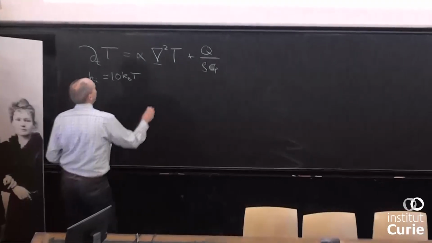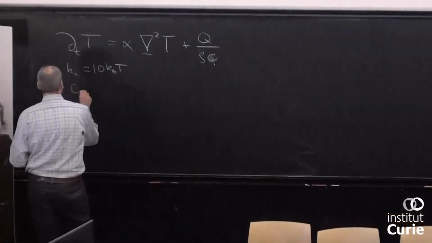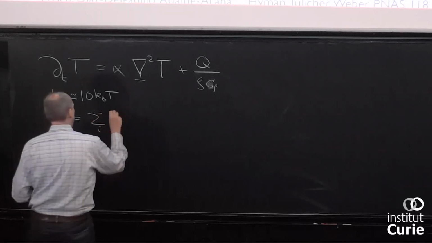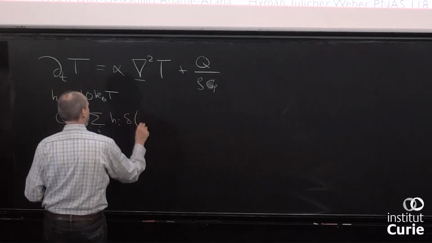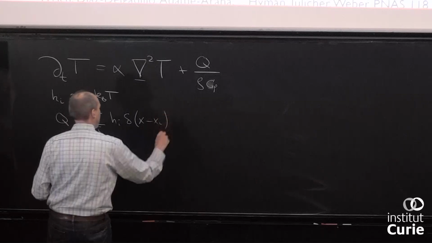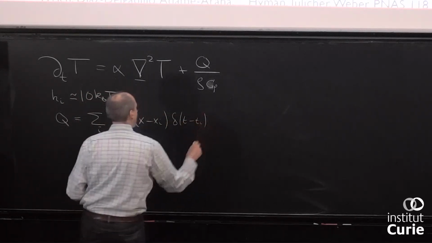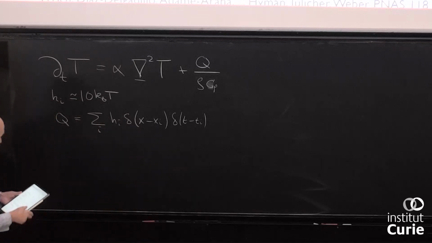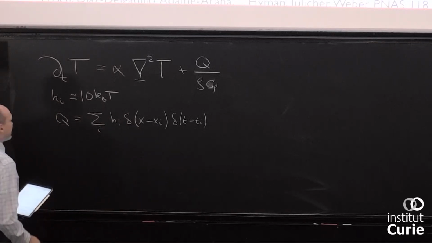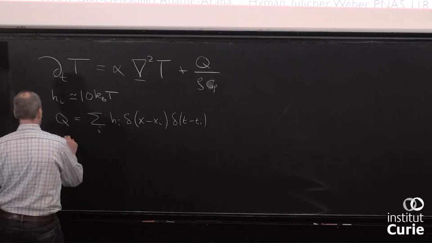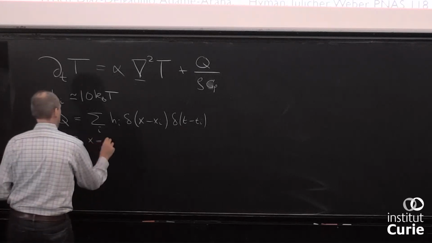And then the heat rate could be written as a sum of many of these events, h_i, which occur at a position x_i locally and at time t_i. Now we have a superposition of many such events. Let's look at a single one of those. Let's say t equals 0 and x equals 0.